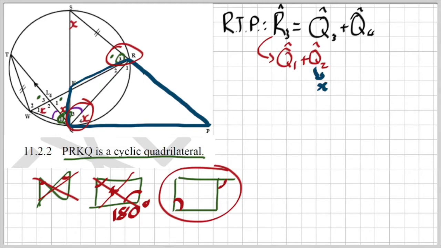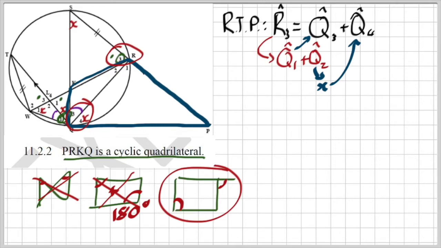Well, that is X. But wait, isn't Q4 also X? Oh my goodness, already Q2 and Q4 is the same. Also, Q1 and Q3 is the same. We've already proven it. So in a nutshell, ladies and gents, we actually have proven left-hand side equal to right-hand side already. So let's write it down.